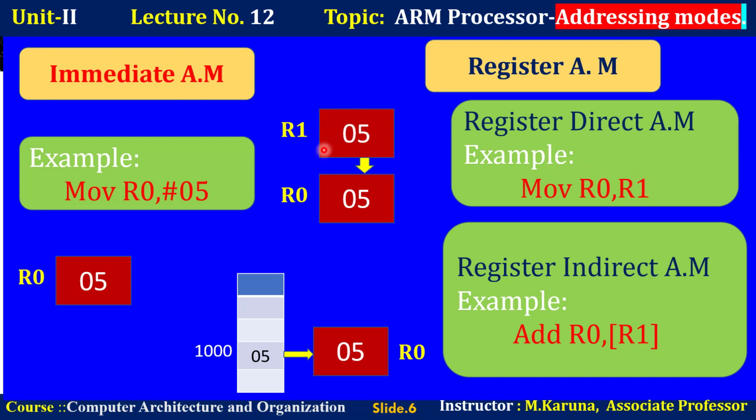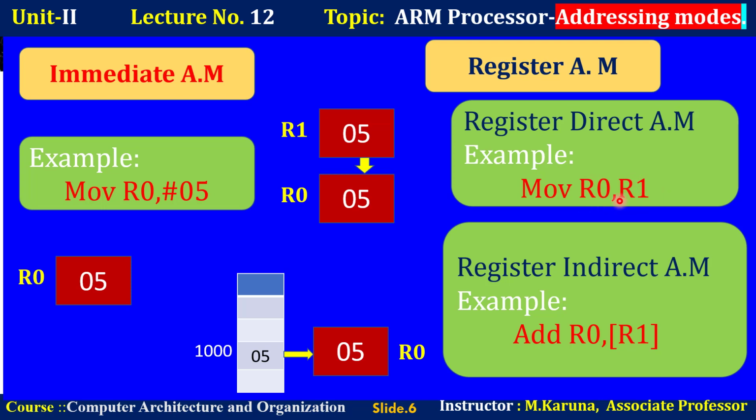R1 is a register; the processor contains 16 general purpose registers, out of which we are using R0 and R1. R1 has 05, and this move instruction transfers the data from the R1 register to R0. Here R0 acts as the destination and R1 acts as the source.